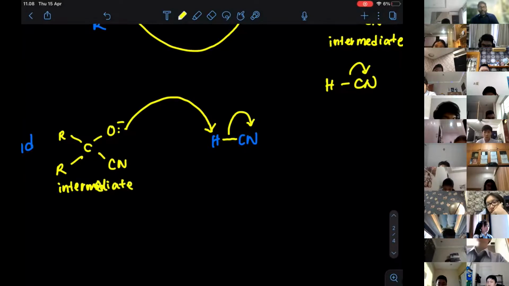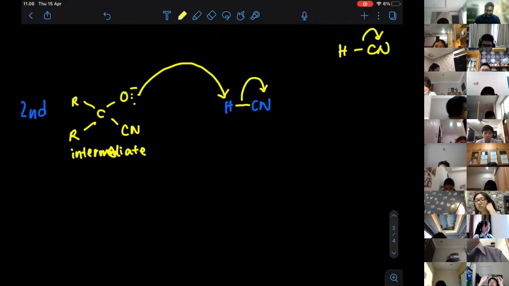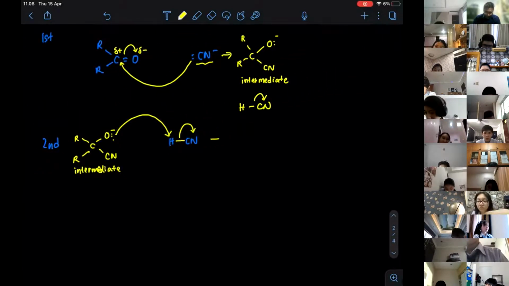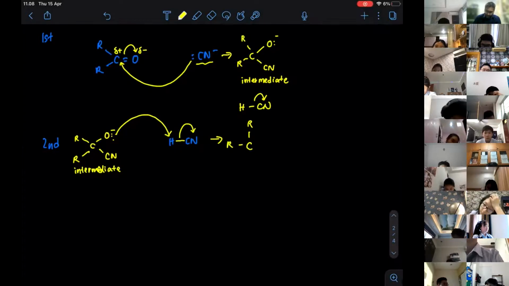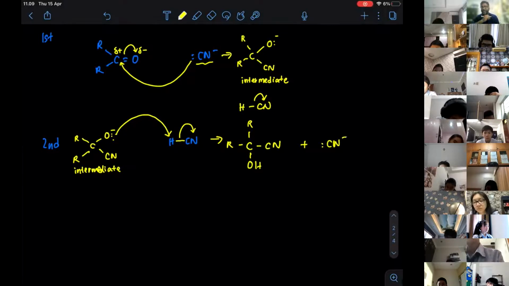So what happened now? The O and H join. You are going to get carbon with R, the CN over there, and at the bottom OH, plus CN minus.